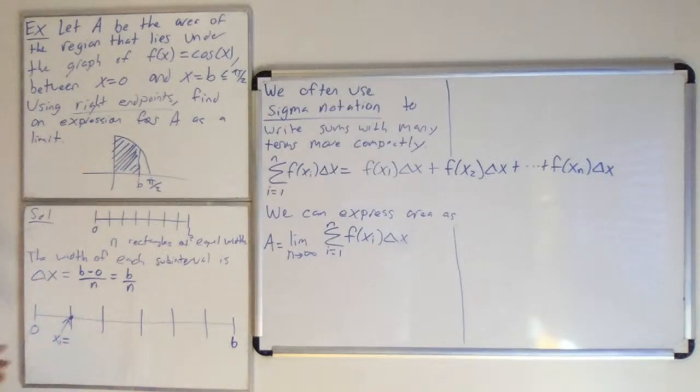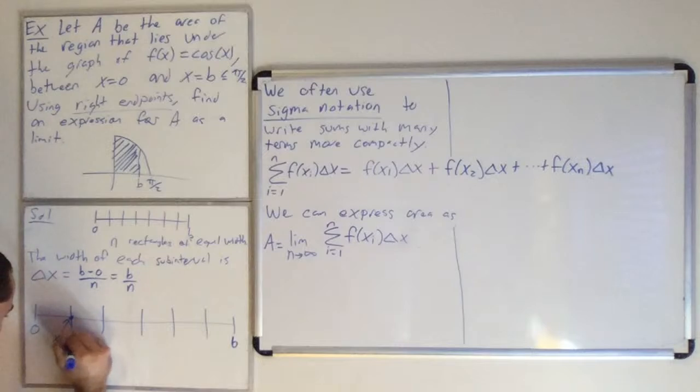Not the function's value, but what is the x value at the first right endpoint? So you start at 0, and you go over b over n, and you end up at b over n.